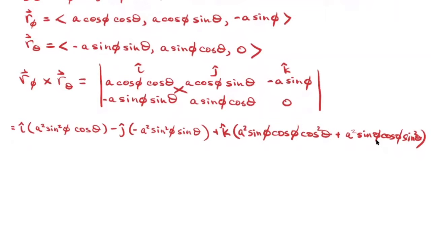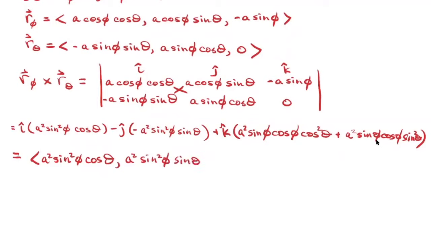Let's do this in a couple of steps here. The first component has a square sine square phi cos theta. The j component has a square sine square phi sine theta.